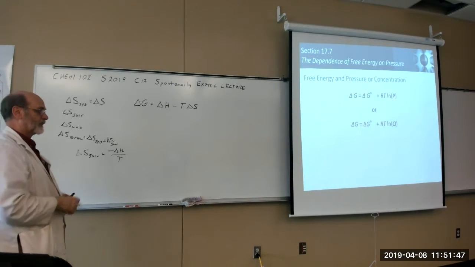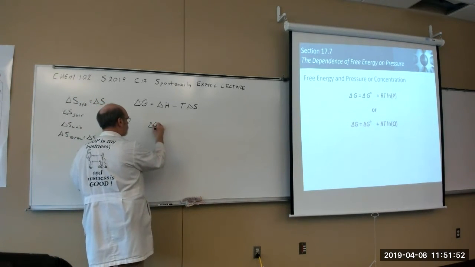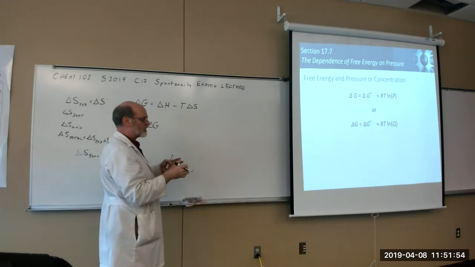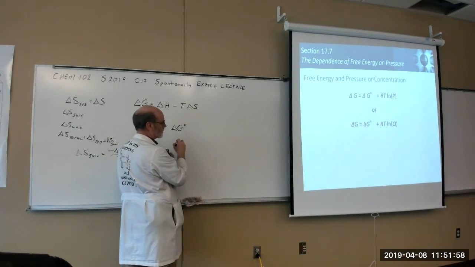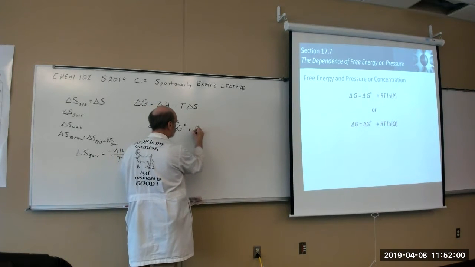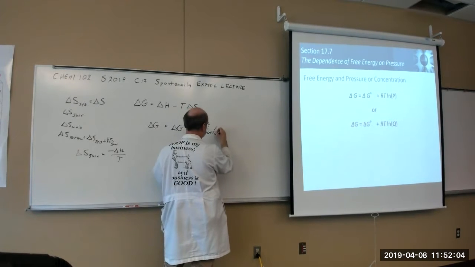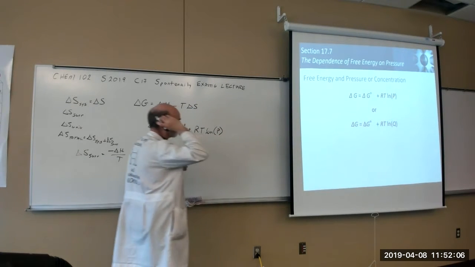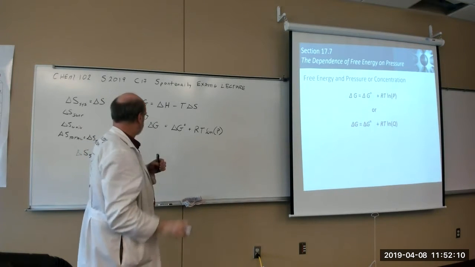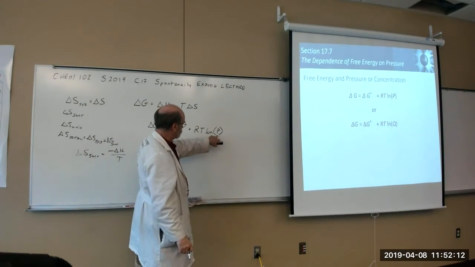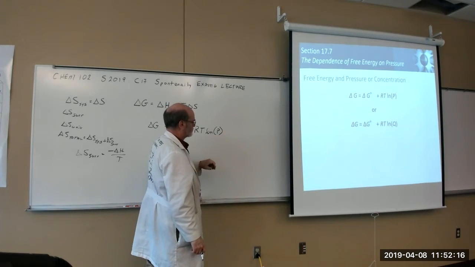This equation, you just have to accept it. The delta G under present conditions is related to the delta G under standard conditions by adding this term. That's if you know the pressure of the system.